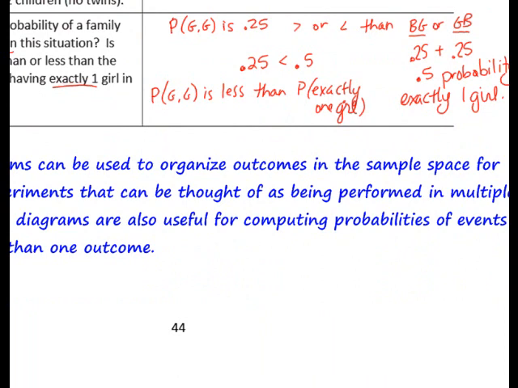In this lesson, you have learned tree diagrams can be used to organize outcomes in the sample space for chance experiments that can be thought of as performed in multiple stages. Tree diagrams are also useful for computing probabilities of events with more than one outcome.